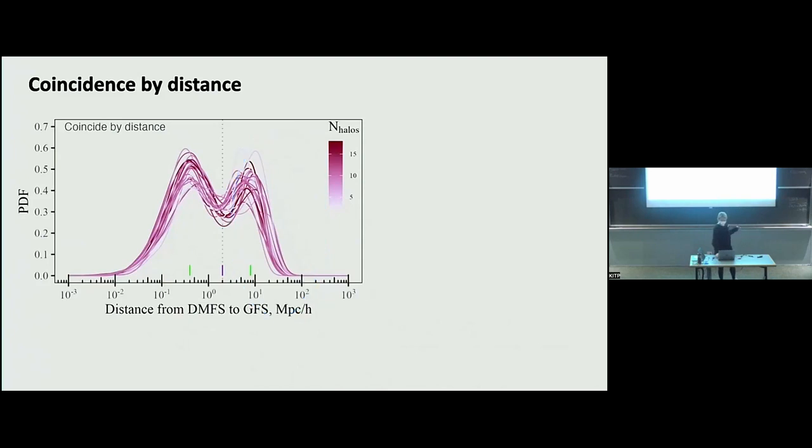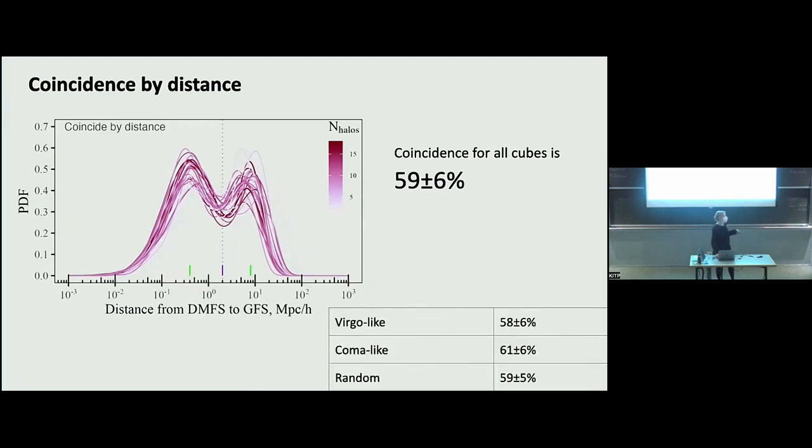And now we can express it in percent. So we found that only around 60% of dark matter filaments can be detected by the distribution of galaxies more massive than 10^9.